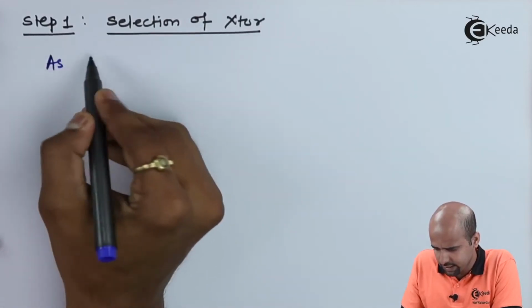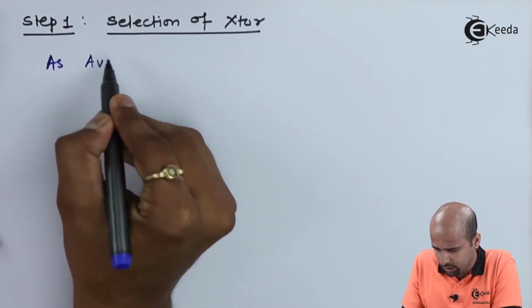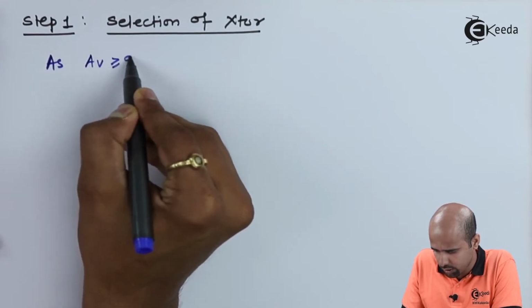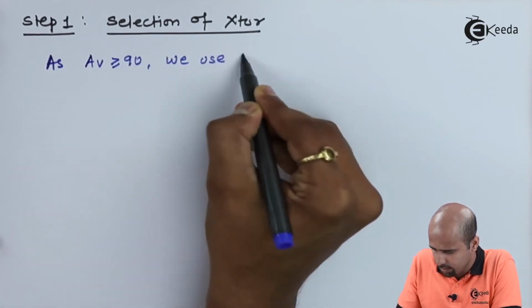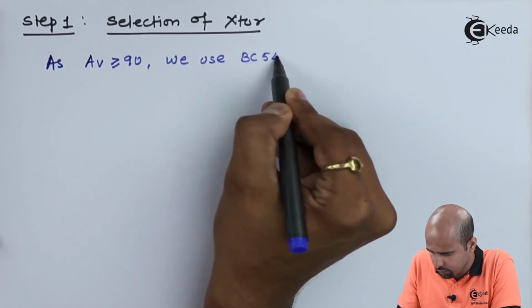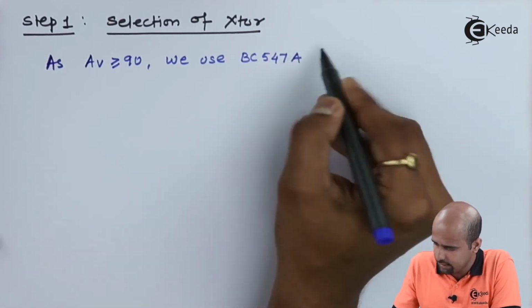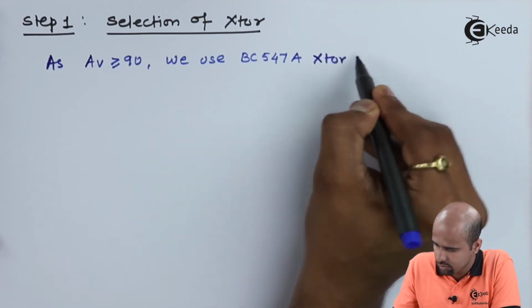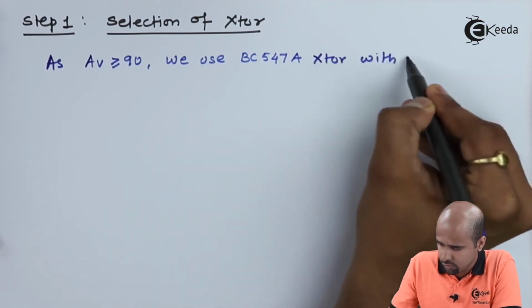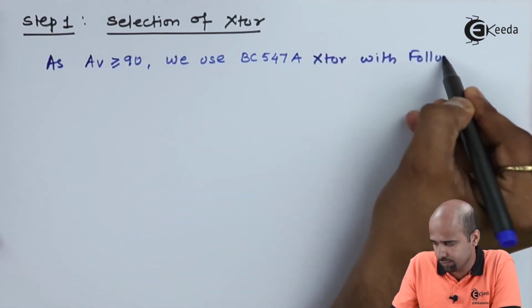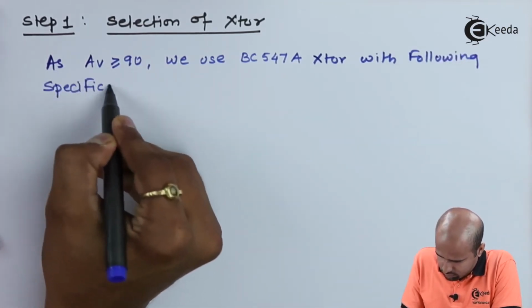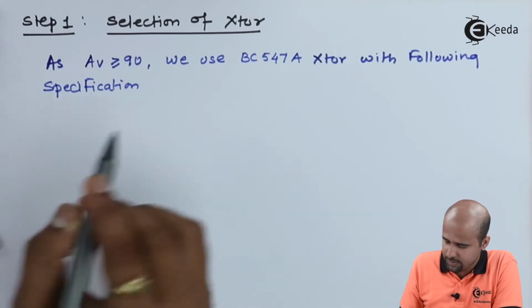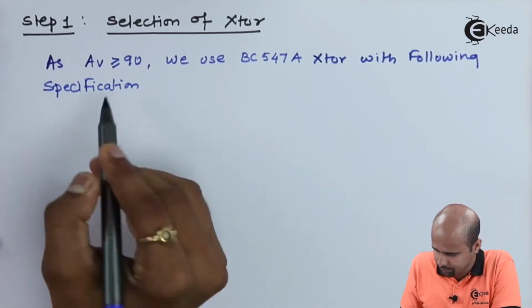As AV is greater than or equal to 90, we use the BC547A transistor with the following specifications.